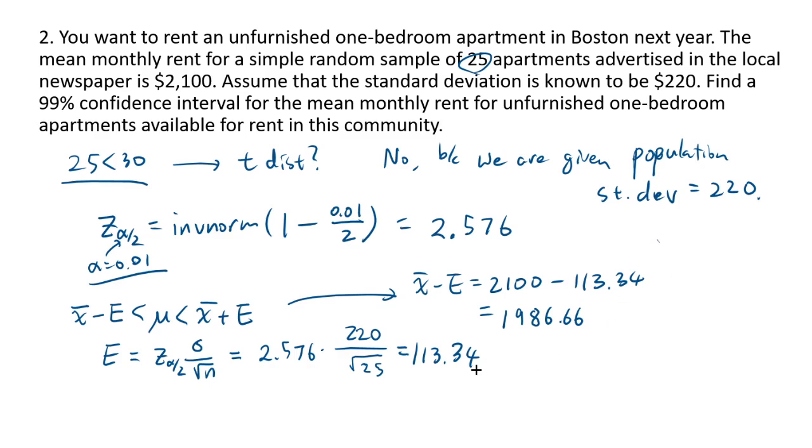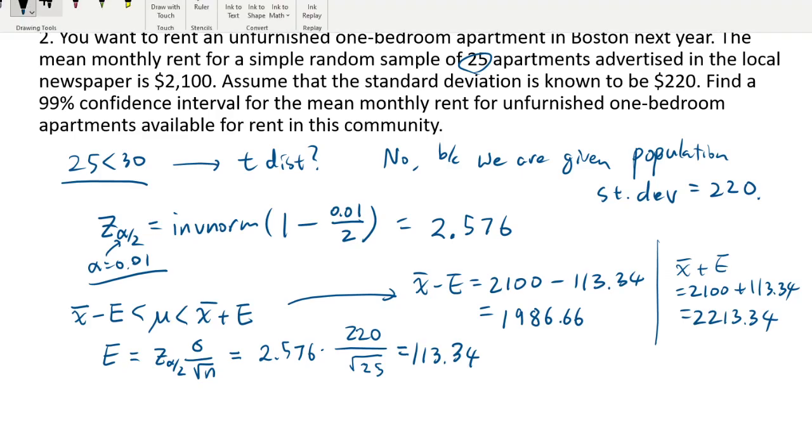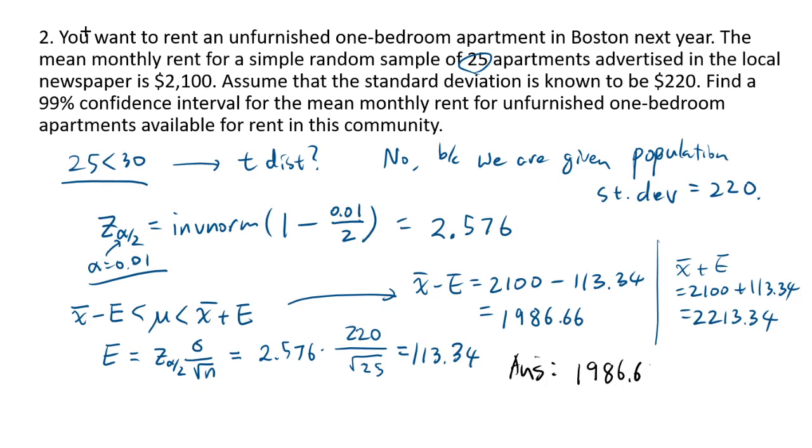Okay, and x bar plus E would be 2100 plus 113.34, which would be 2213.34, and that makes the answer: the average housing price, we know with 99% confidence level, is between these two numbers.